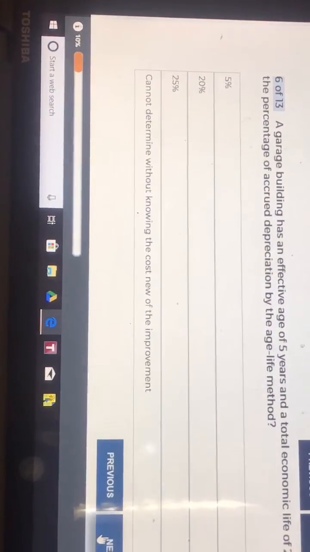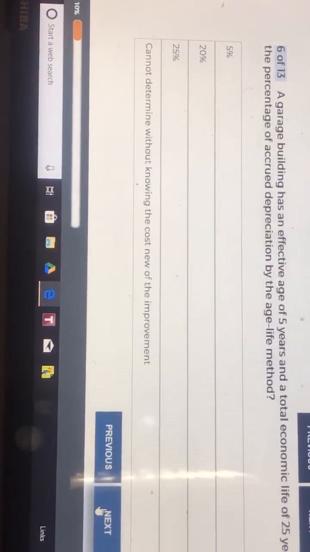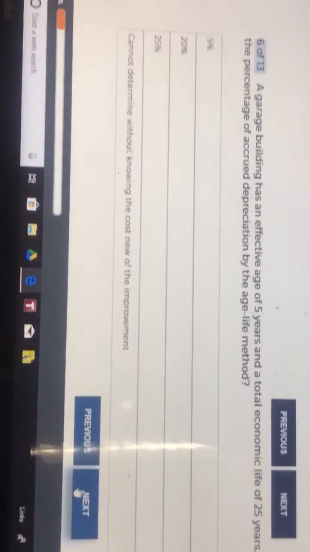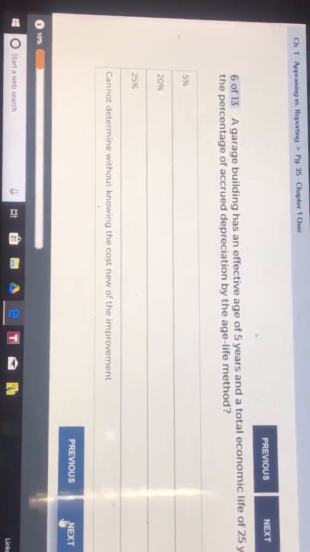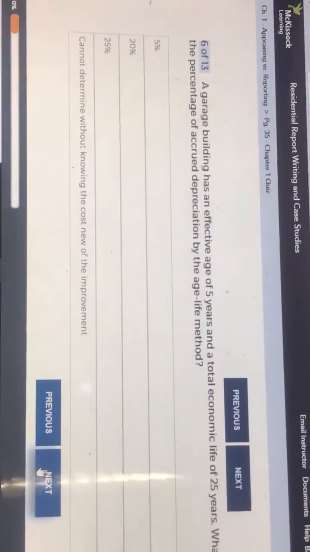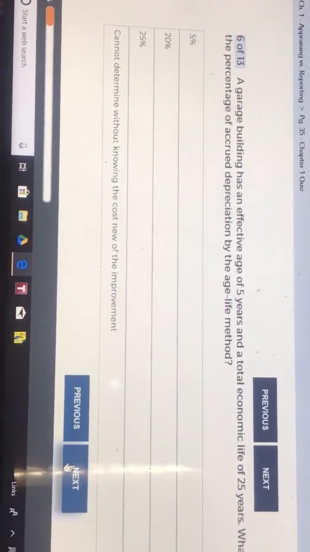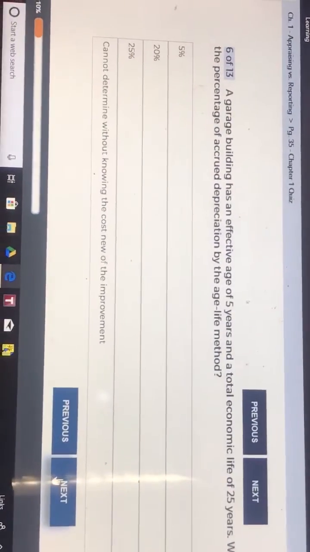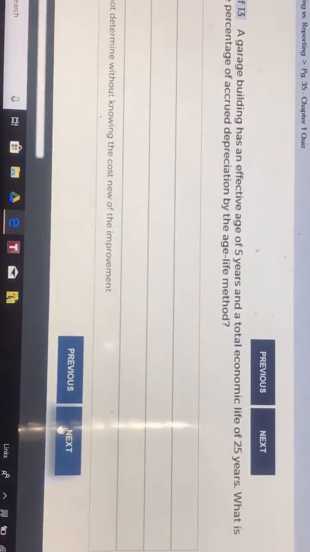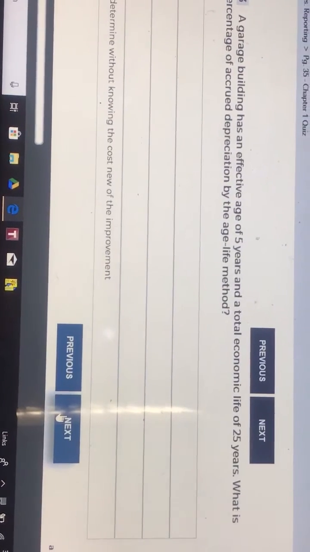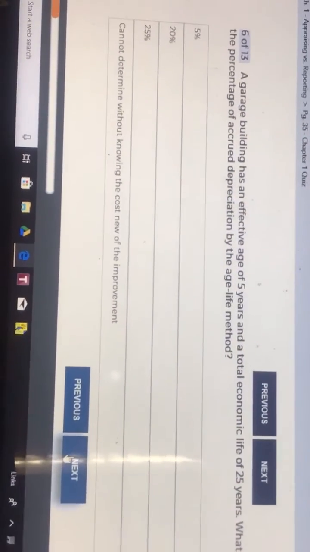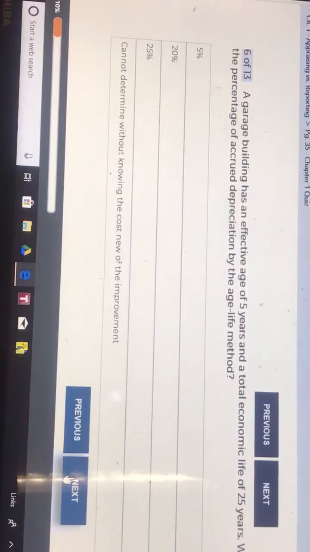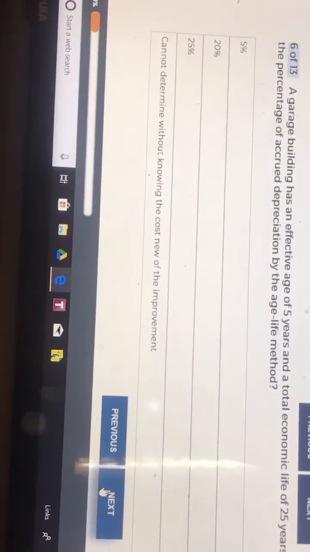Or D, cannot determine without knowing the cost new of the improvement. I'm going to go with 20%.